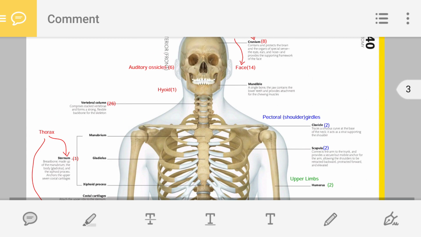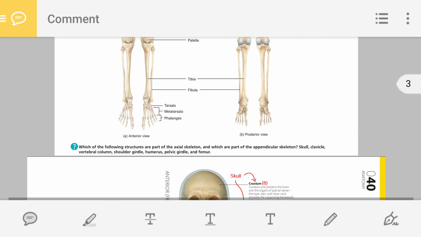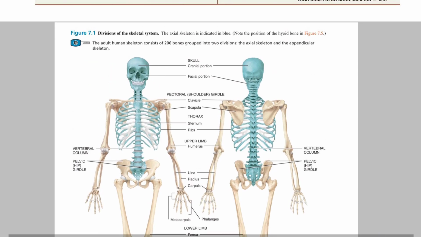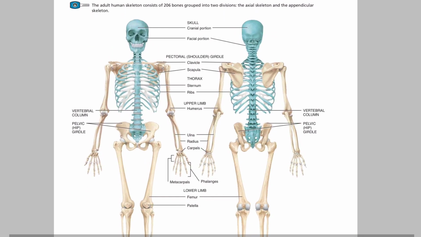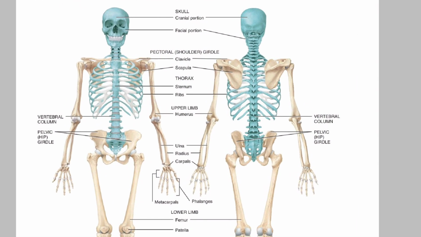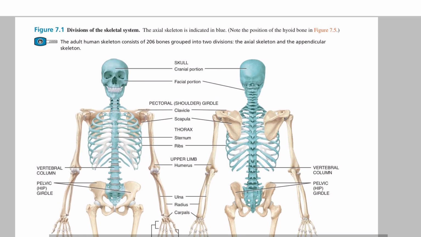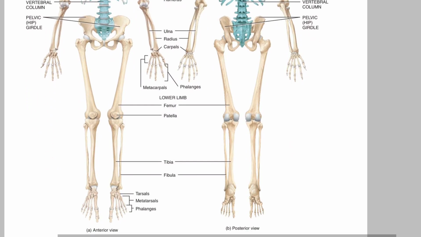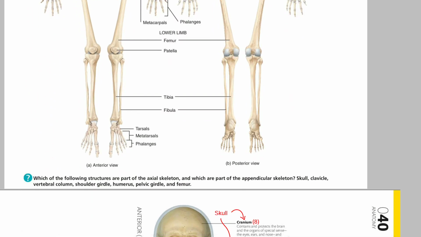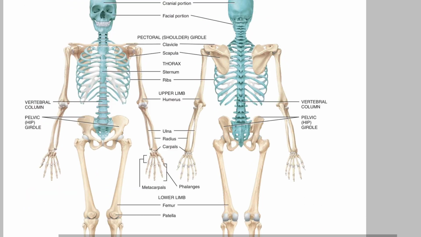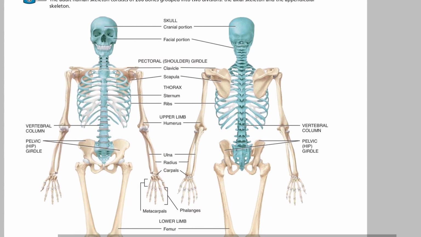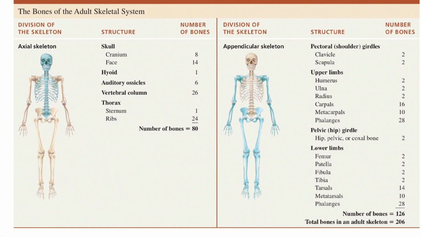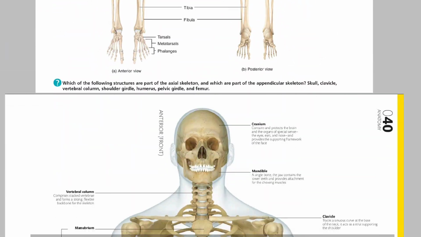Now once again I am showing you all the figures, so you need to go through all the names on your own. This is the ventral surface, and on the right hand side the dorsal surface. The names are in this figure also. First we started with this table, then this figure.